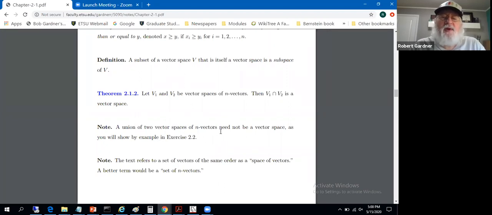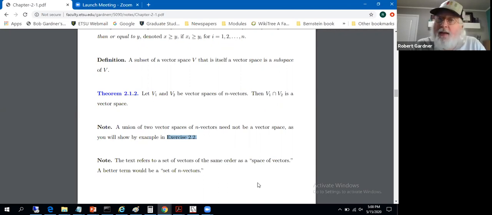The union of two vector spaces of n vectors need not be a vector space. You're asked, I guess, to give an example in exercise 2.2. Piece of cake.